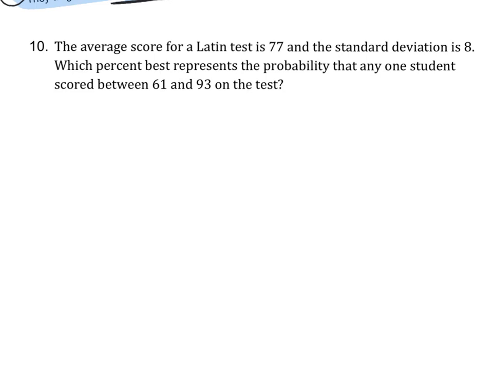Finally, number 10, the average score for a Latin test is 77 and a standard deviation of 8. Which percent best represents the probability that any student scored between a 61 and a 93? Well, we can do this question in one of 2 ways.